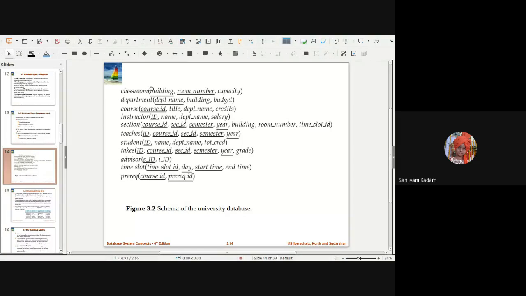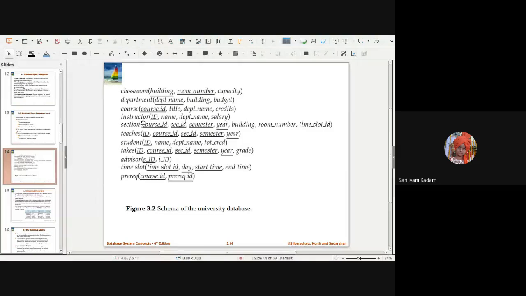Here, the classroom relation is regarding the physical infrastructure. Department gives information about each department. The course relation gives information about all the courses, or subjects, taught in every department. So this covers every department and every course covered, or yet to be covered, during the department's existence.